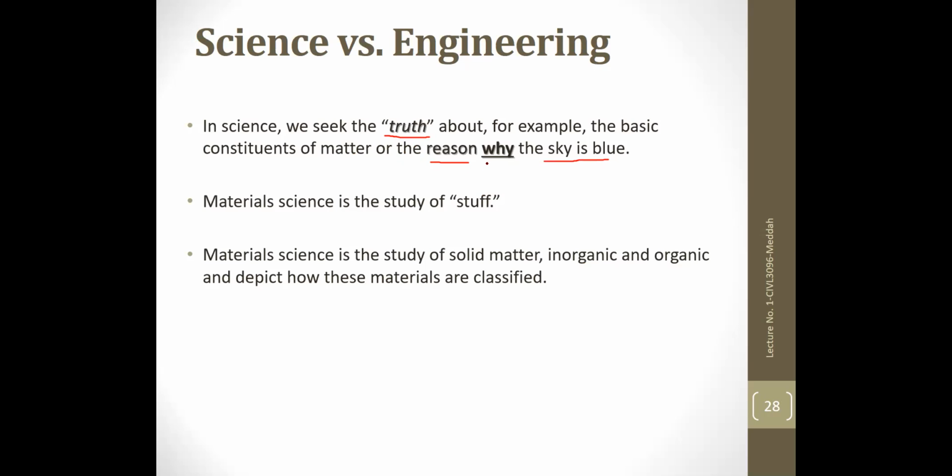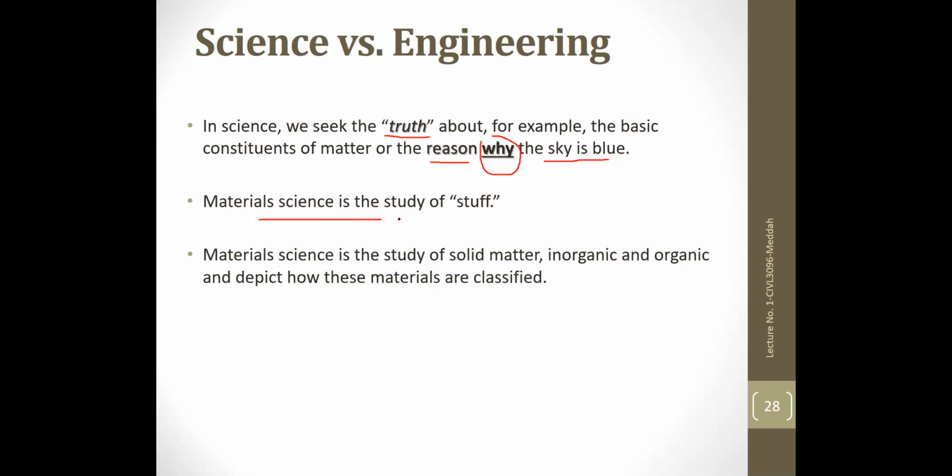So the question answered in science is mostly why, which is opposite to engineering. In engineering, as we will see later on, we don't often ask why, but we often ask how you design, how you make it, how you increase or how you enhance the performance of the material.